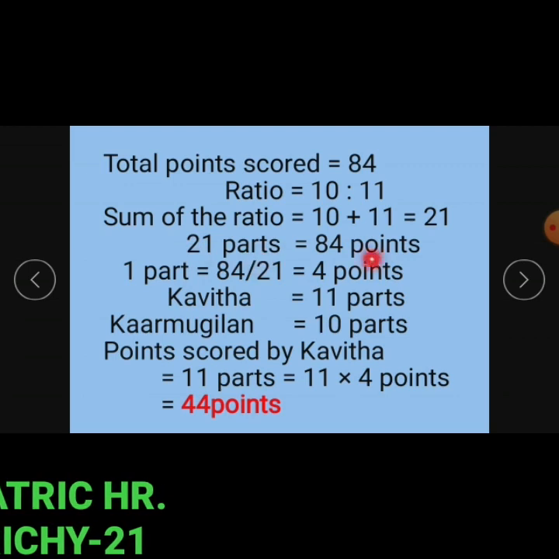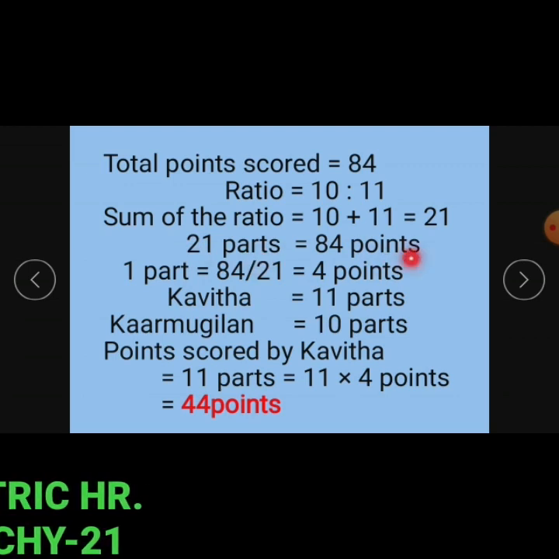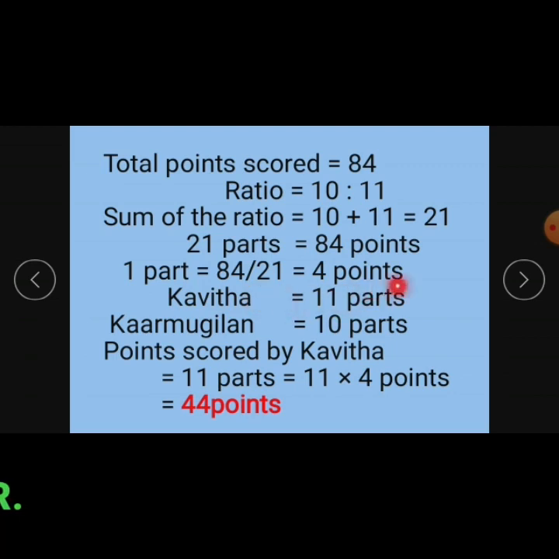Total parts equal to total points. From this we can find one part equal to 84 by 21 equal to 4 points. Here one part equal to 4 points.